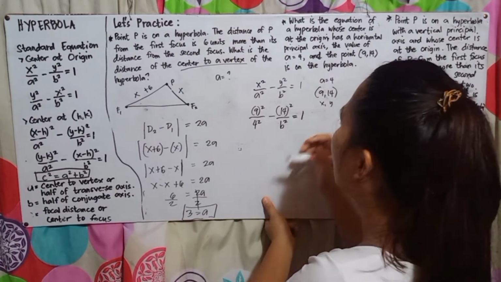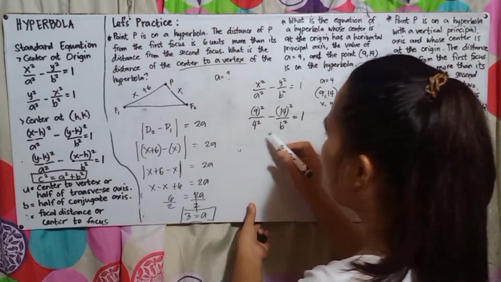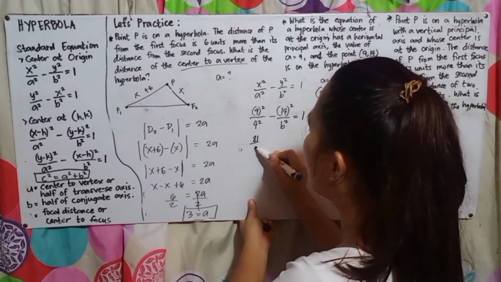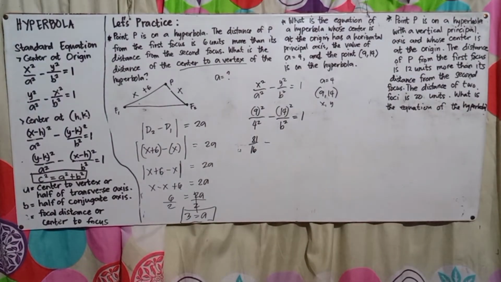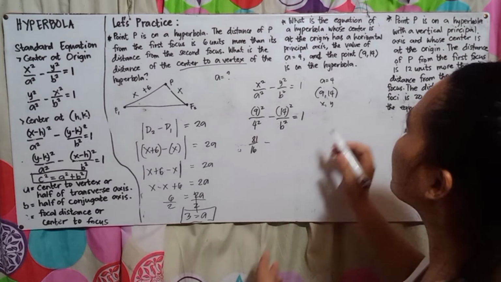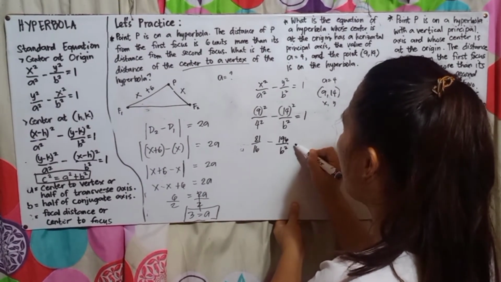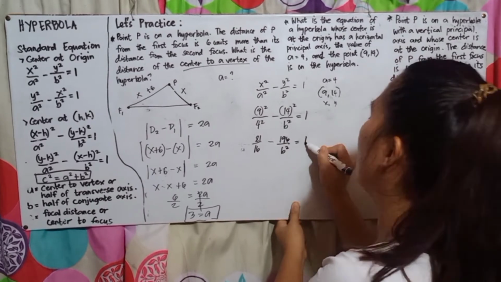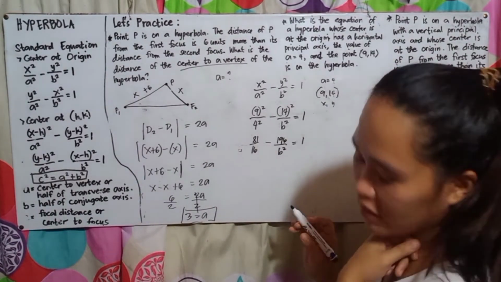So first compute the values: 81 over 16 minus 196 over b squared equals 1.